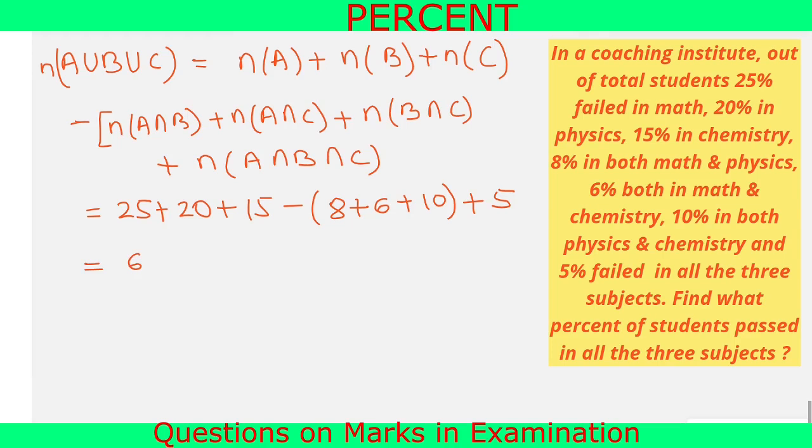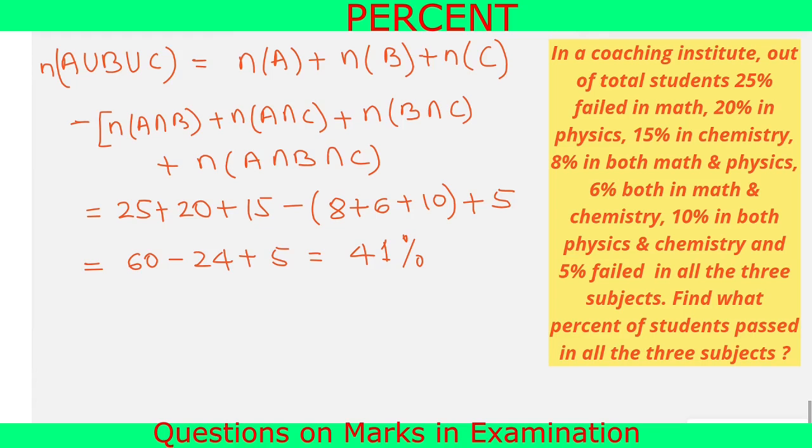This is 25 plus 20 plus 15 is 60, minus 8 plus 6 plus 10 is 24, plus 5. This is equal to 41. So 41% students failed either in maths or in physics or in chemistry, or in both maths and physics, both chemistry and physics, and both maths and chemistry, or in all the three.